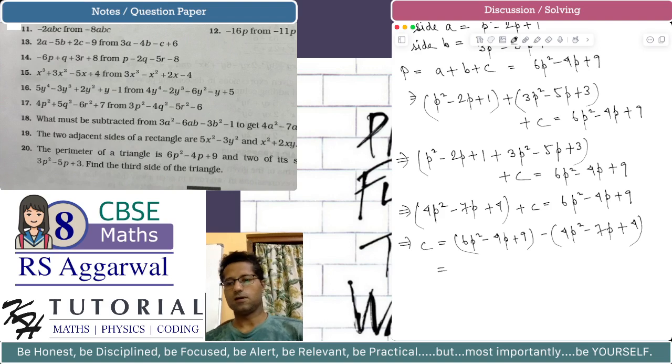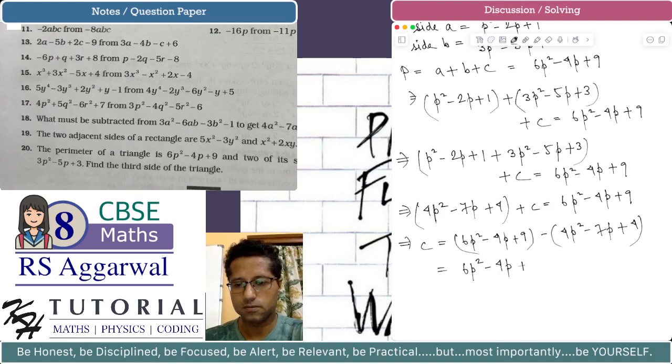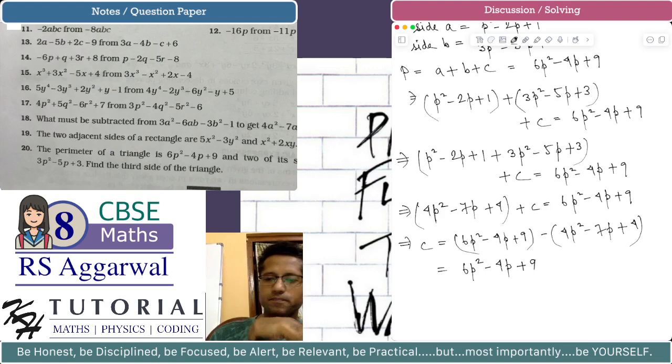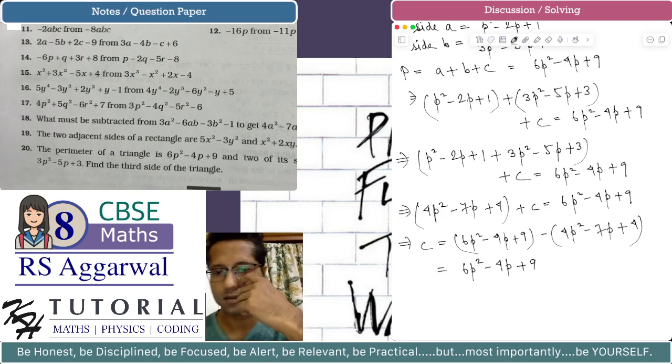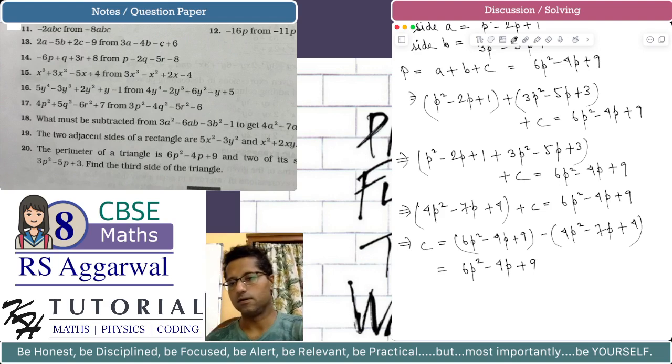So this is now subtraction of two algebraic expressions. The first algebraic expression, the bracket will open as it is, 6p square minus 4p plus 9, and the second algebraic expression, the bracket will open but it has a negative sign in front of it. So all the terms of the algebraic expression inside the bracket, their sign will change.